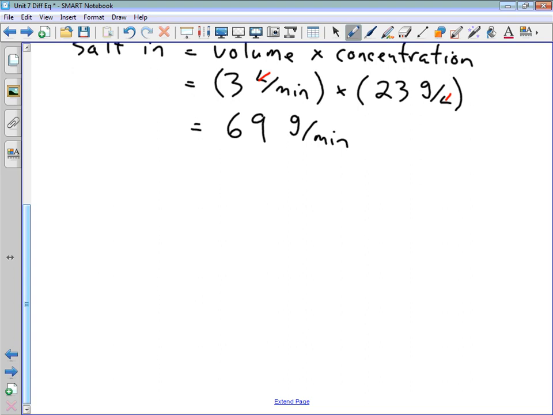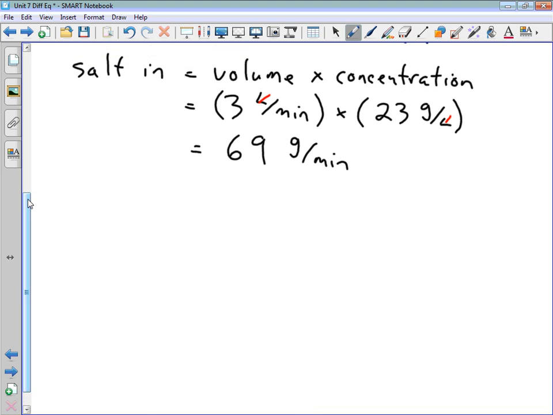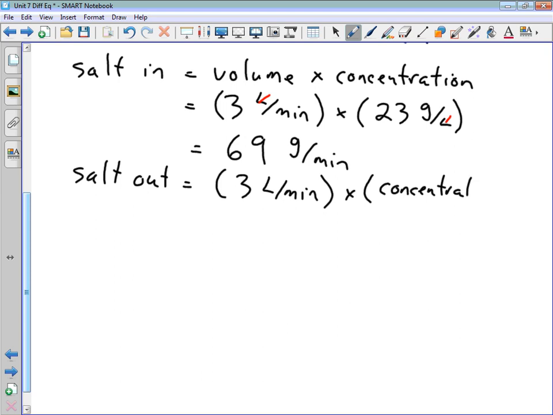Same sort of analysis for the rate at which salt is coming out. We have it flowing out again at 3 liters per minute. And the concentration of salt in the water that is flowing out, well, this is what we don't know. It's going to be some concentration here, and this is a bit of a mystery, because this is going to depend on how much salt we have in the tank at any point in time.